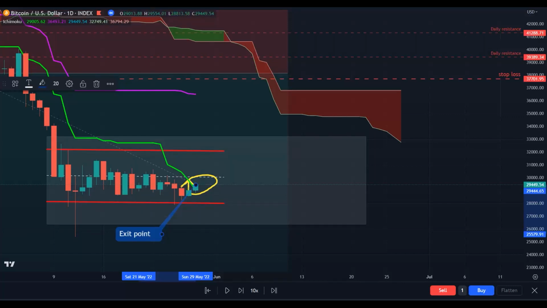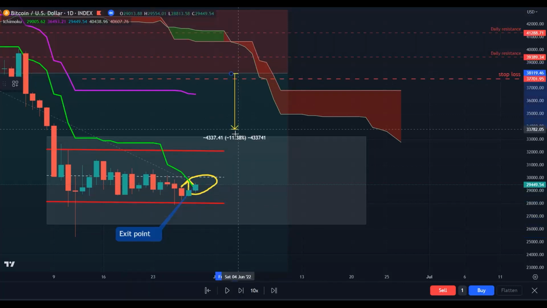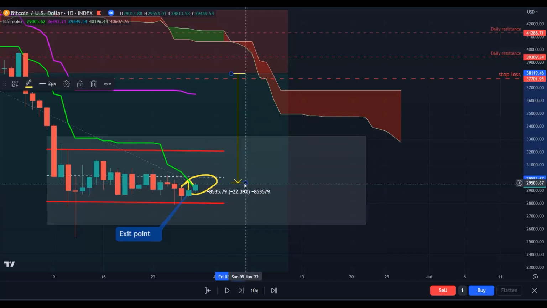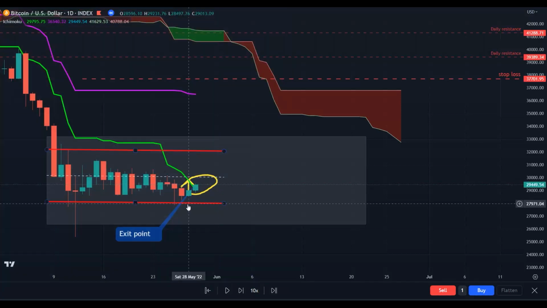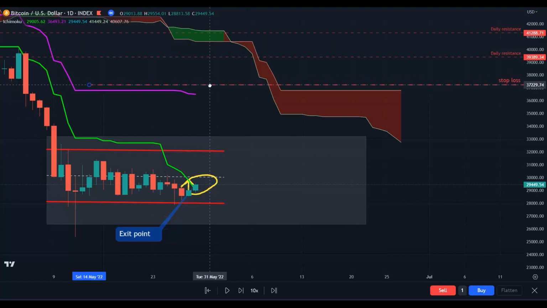Okay, how much was made during this bearish trend from here to here? You also made 22%. As a professional trader, you know that this is a sideways market. There is a possibility of a false signal. Also, you know that this is a flag here, which is a continuation pattern. Also, you know that the stop losses are in a safe place.